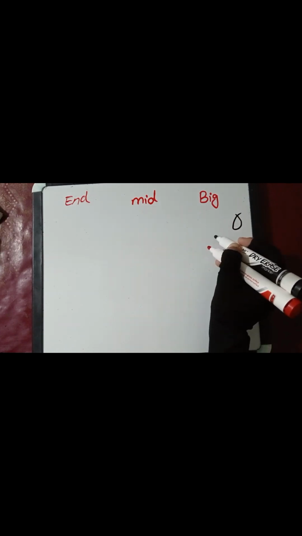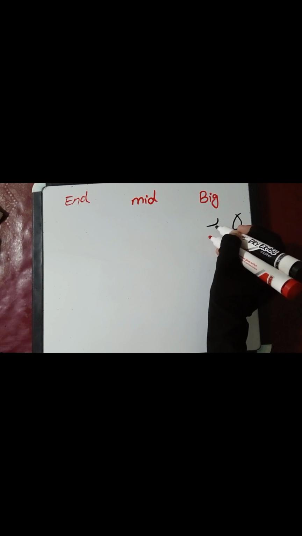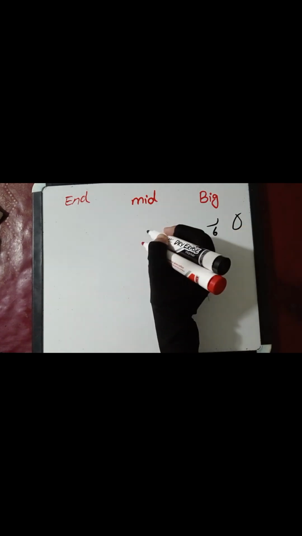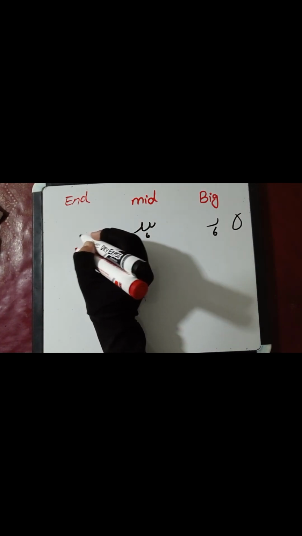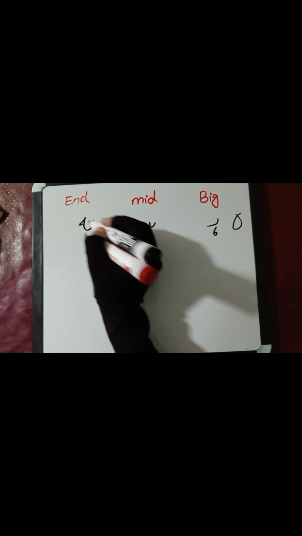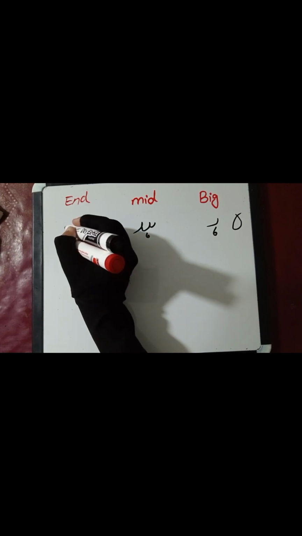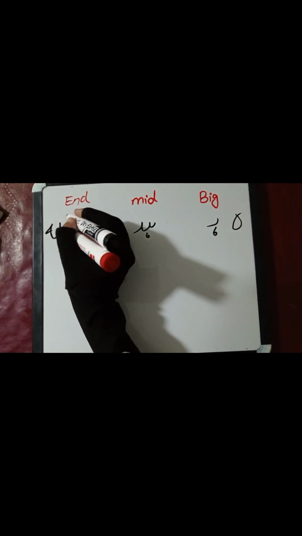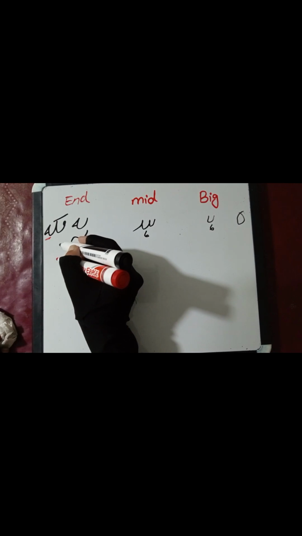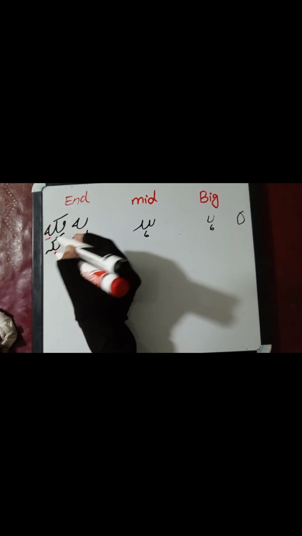Hey, the beginning shape we write like this, in the middle with two connectors and in the ending we write it sometimes like this and sometimes like this or with a small curve like Makkah like this and Makkah like this.